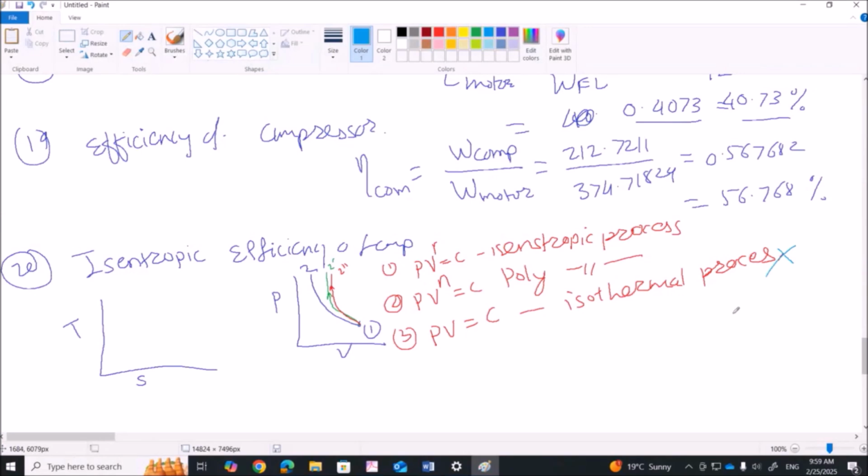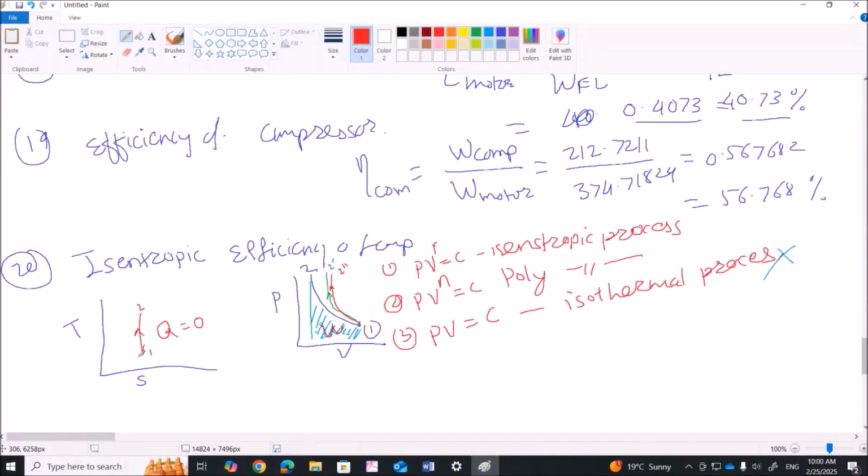For the isentropic process, from 1 to 2, the area under the curve in the TS diagram is 0. The TS diagram is drawn to find the area under the curve, which gives Q. This PV diagram is drawn to find the area under the curve 1 to 2, which is work.